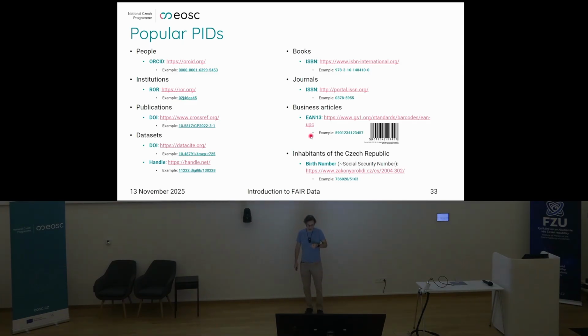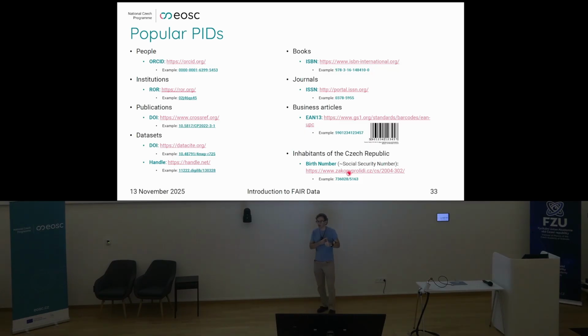And kind of rodné číslo in Czech, the birth number, is also a kind of ID. By the way, it's a good example of what a good PID should not be like.